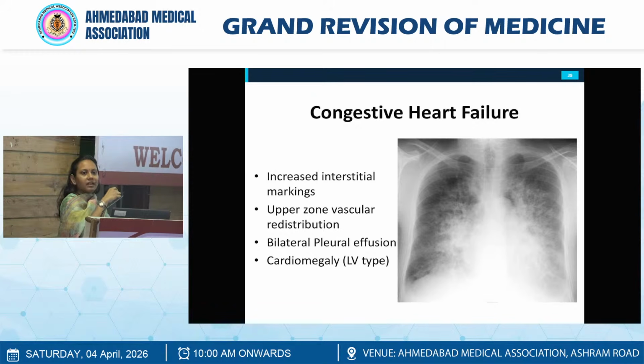Can anyone tell me where is the X-ray of congestive heart failure from the X-rays that I have circulated? So in congestive heart failure, there will be increased interstitial markings, and bilateral effusion will also be seen.